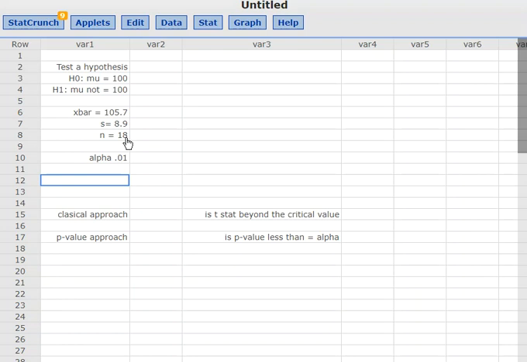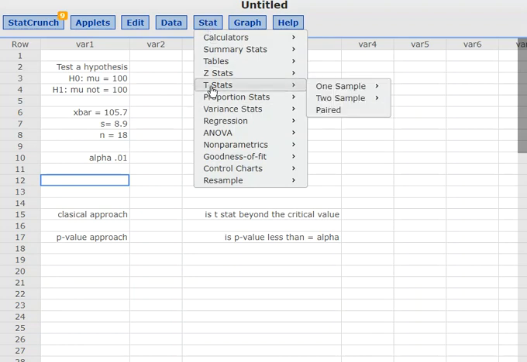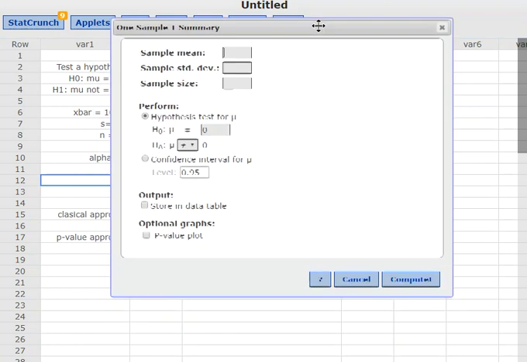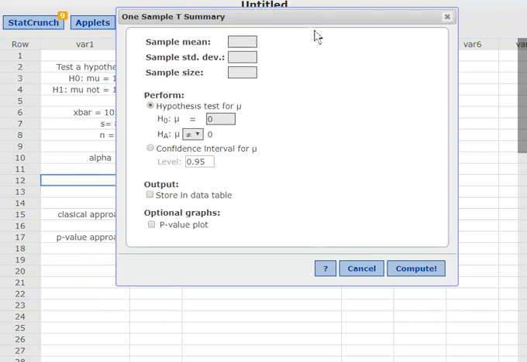Now the text tells you to modify the standard deviation by the square root of n to get the standard error. That's fine, but if you're doing this, the technology will take care of that for you. So I'm going to go to T Stat, one sample with summary, and you'll notice that it asks me all the right questions.